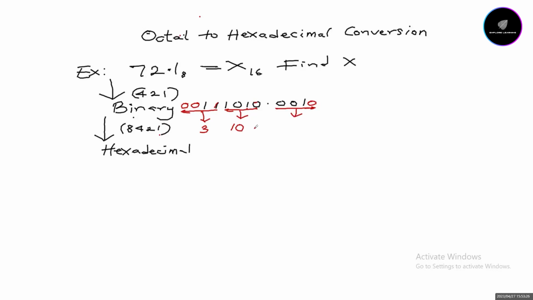Then we'll have after the point 0010, which is going to give us 2. Remember, since this is a hexadecimal number system, the value 10 will be represented by A. So therefore what we'll have is 3A.2 base 16. This will be the final answer.